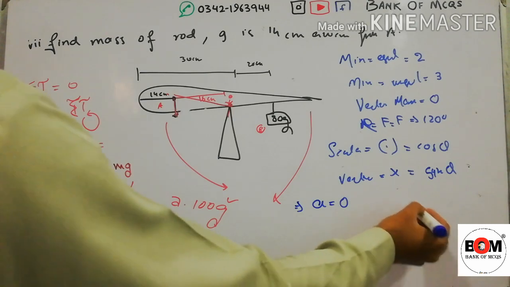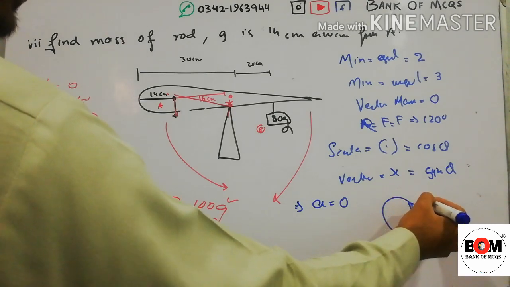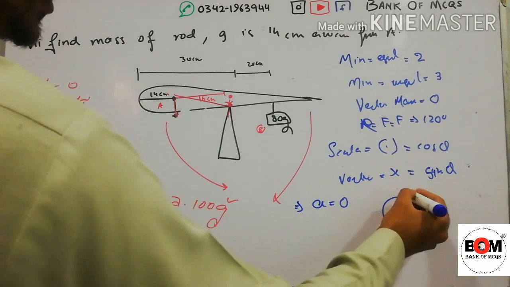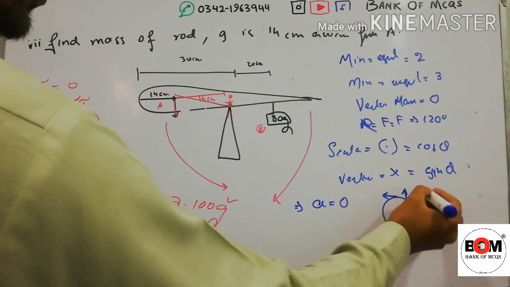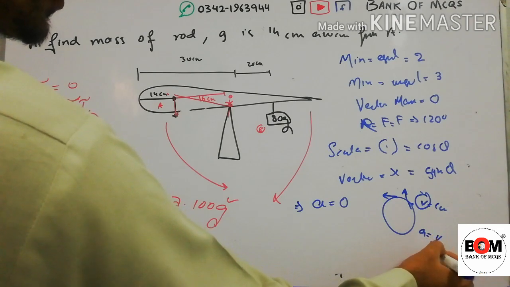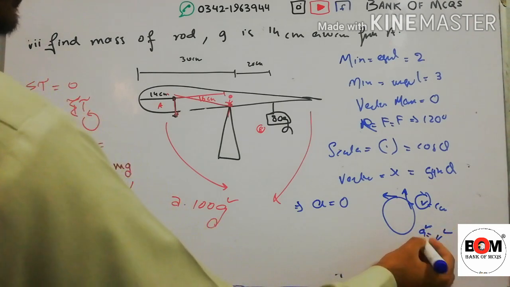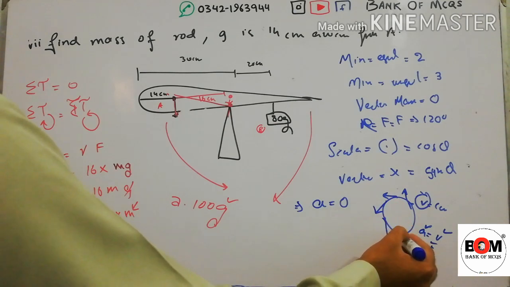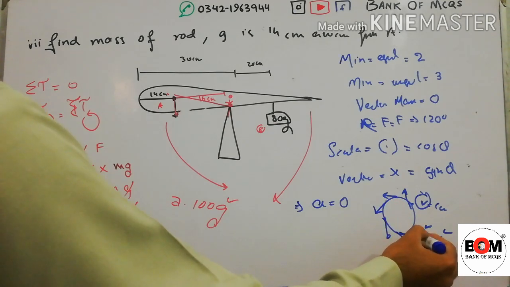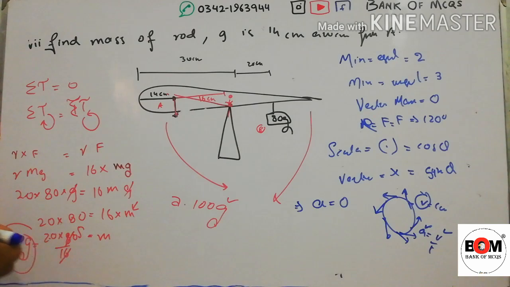If a body is moving in a circle, its speed is constant, but the direction of velocity changes. So a is equal to change in v divided by t. As v is changing, a will change, it will not be 0. So a body moving in a circle with constant speed is not in equilibrium. This was also a main point.